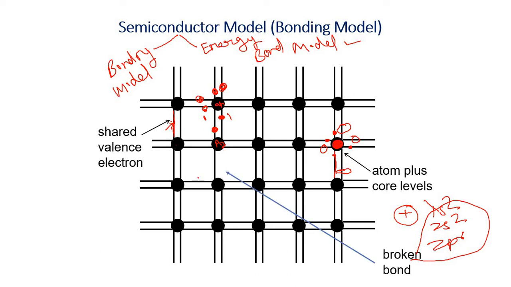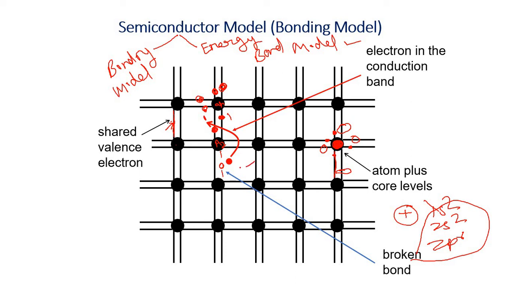So suppose this bond is broken. This is a broken bond, and the electron is free to move. That electron is called an electron moving in the conduction band. And there is a vacancy. Now an electron can come here because it's a vacant place.